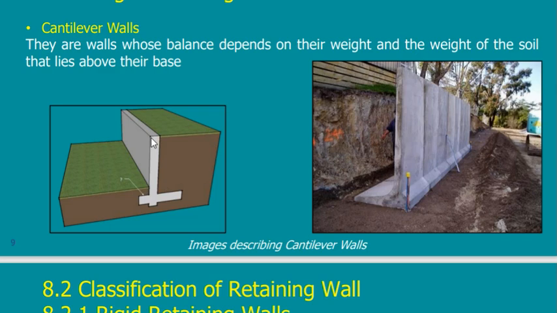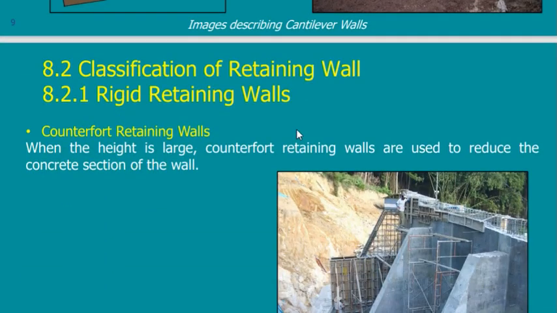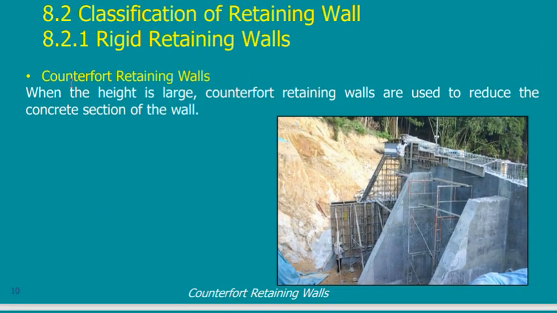I cannot reach any number. 4 meters, 5 meters, 6 meters, this is the maximum that I can reach with a cantilever wall. By the way, 6 meters is very high. 4 meters is a logical number. So in this case, I go to something called a counterforted retaining wall.